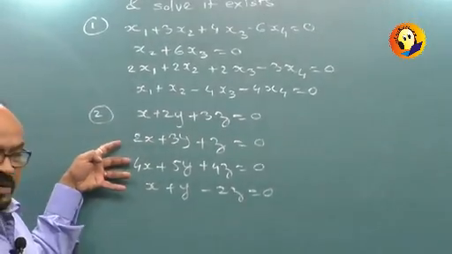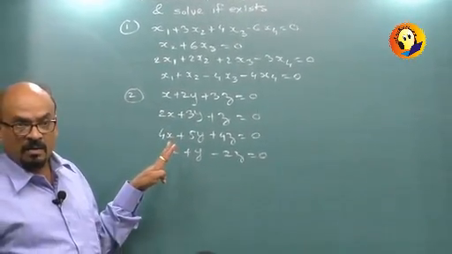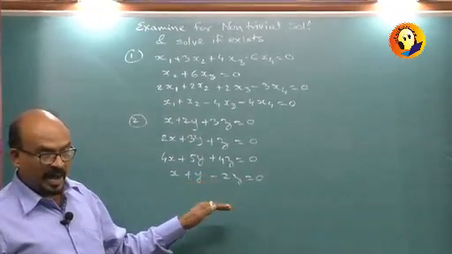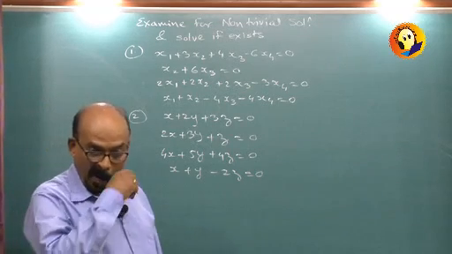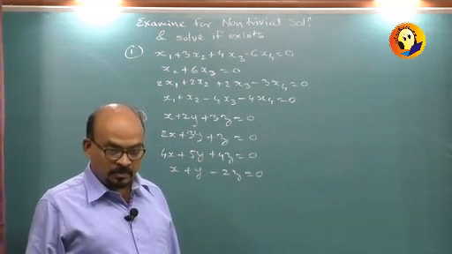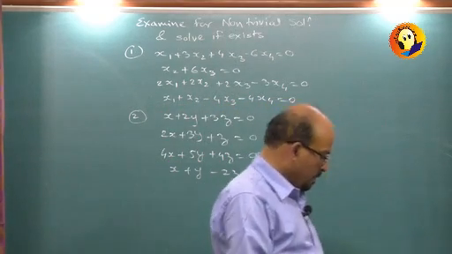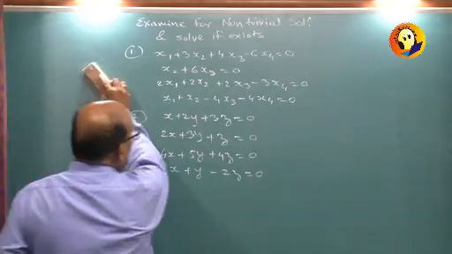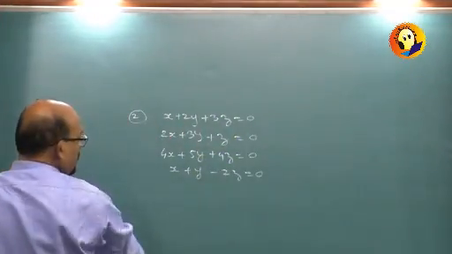There are 4 equations, no doubt, but variables are only 3. If the number of variables is equal to the rank, then the solution will be trivial. Right? I had given it purposely, that's why I again cross check, because if there is a single digit mistake, then also the things will change.